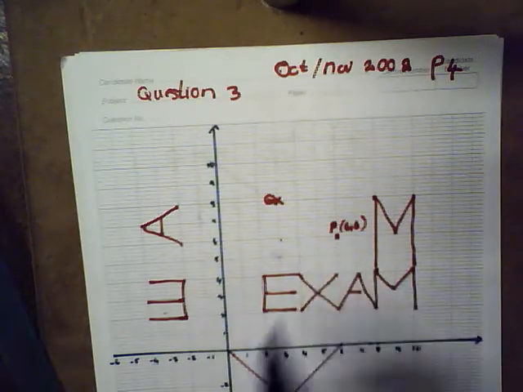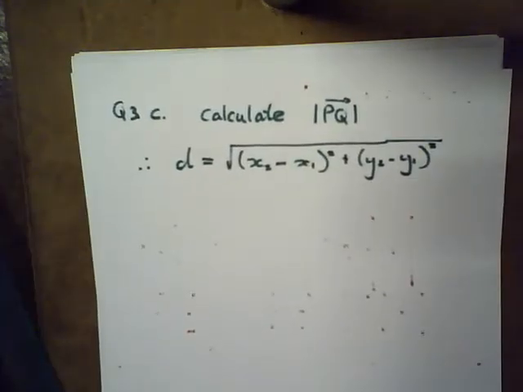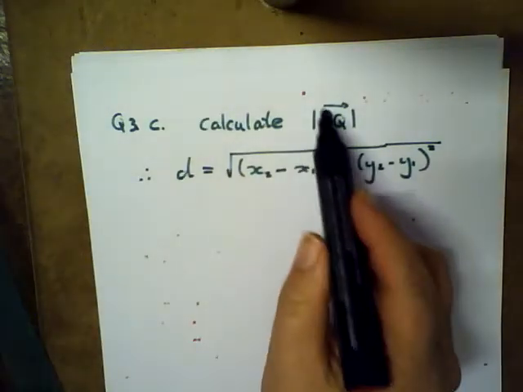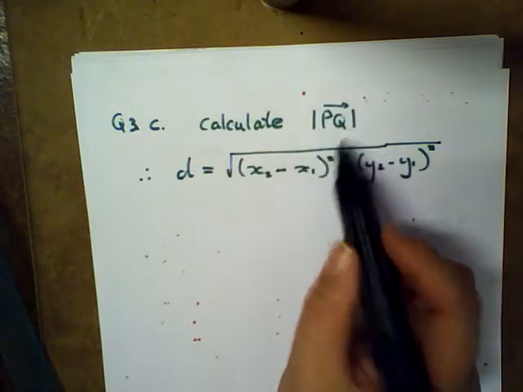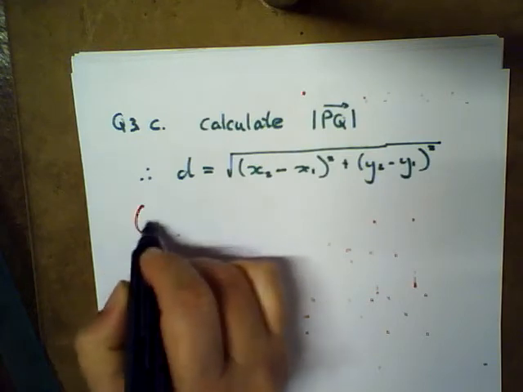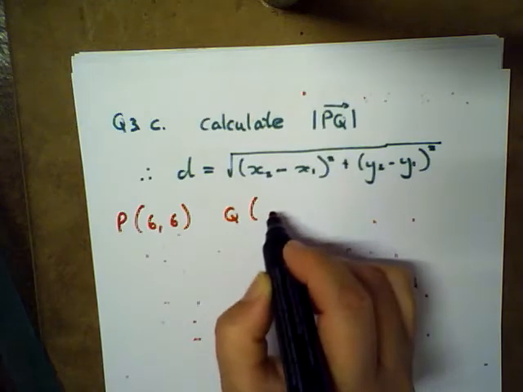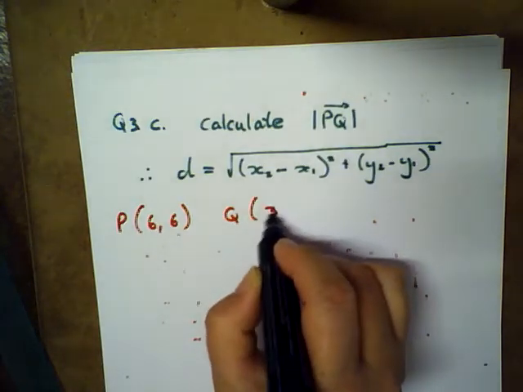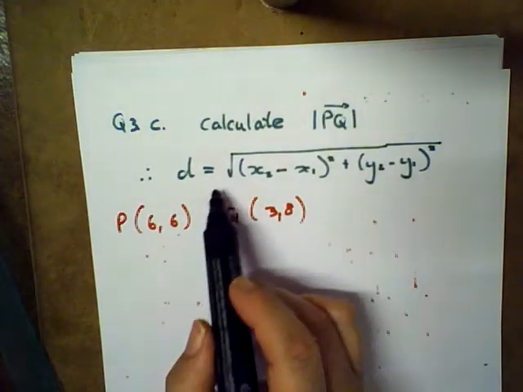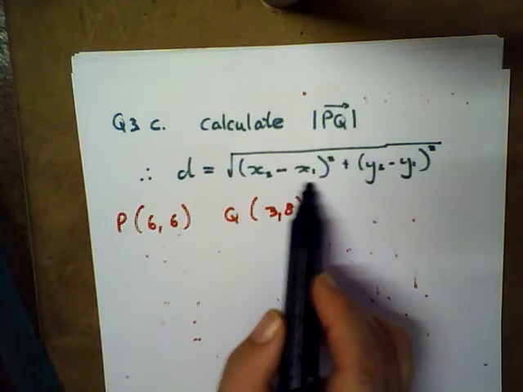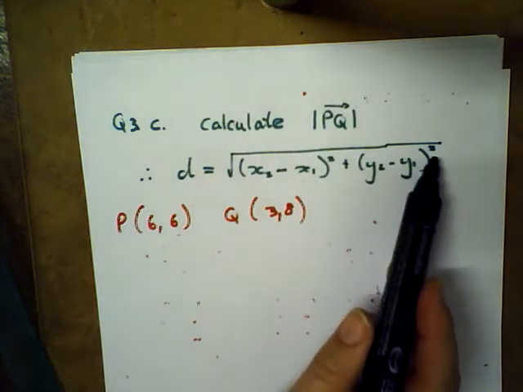Now calculate the magnitude of PQ correct to 2 decimal places. So there I've written already what it is. It's the absolute value of PQ. That means it's the distance of this vector. The point P we know is 6, 6, and we know the point Q from our grid is 3 and 8. So the distance formula is the square root of (x2 minus x1) squared plus (y2 minus y1) squared.